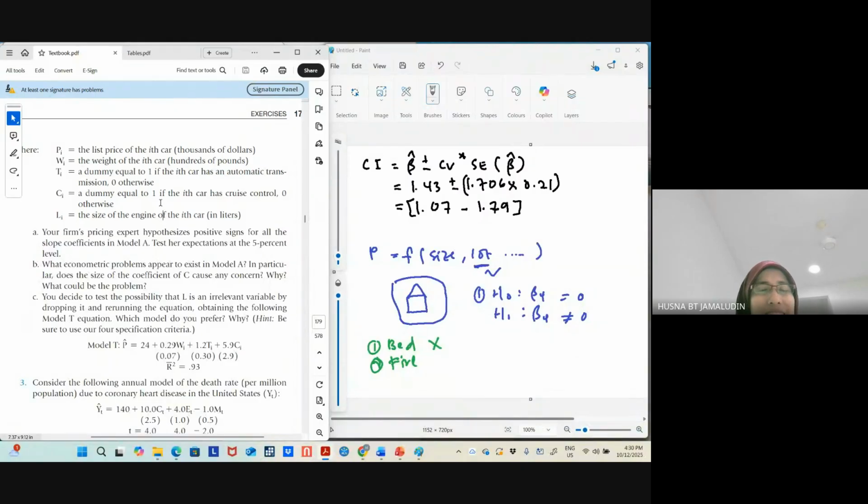What else? The safety features of the car, whatever, right? I don't really know about cars, but you have to figure out one factor that you think is relevant but is omitted from the equation. Okay, you have multicollinearity, you have an irrelevant variable in the equation, and you have an omitted variable.